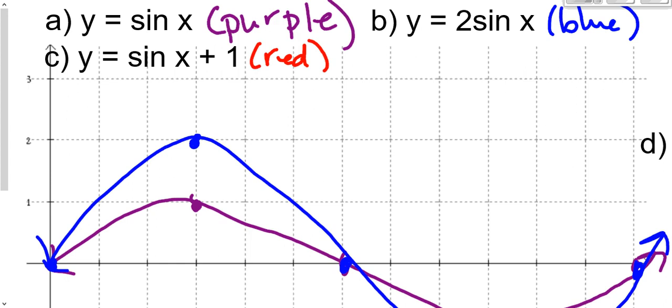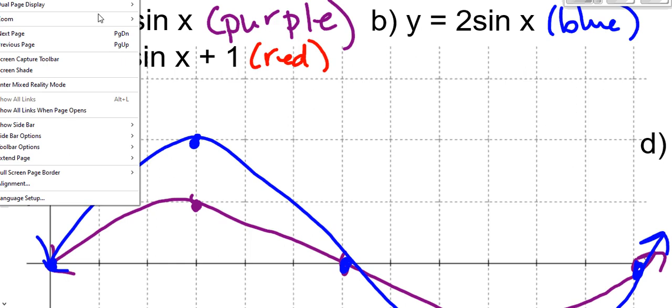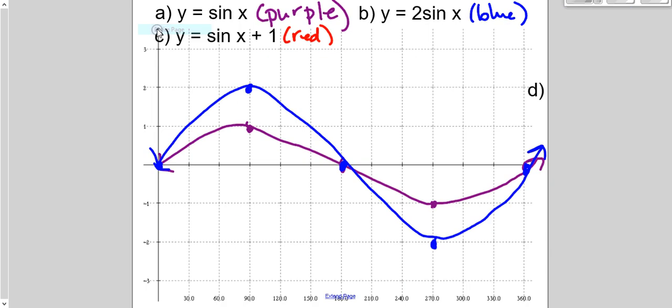And there we go. So I can see the whole page. All right. So at 0, it was at 1. And then at 90, it was at 2. And then at 180, it was at 1.